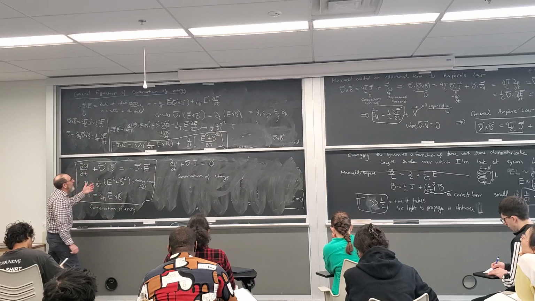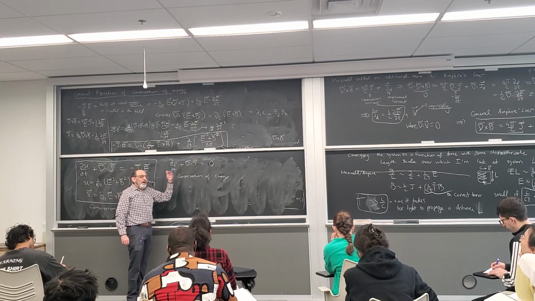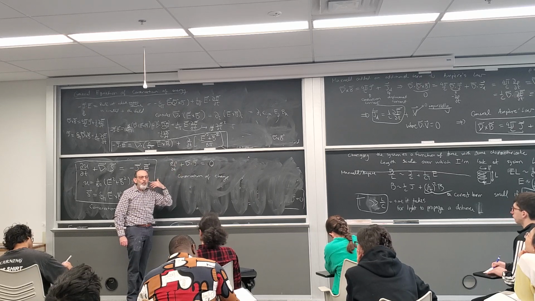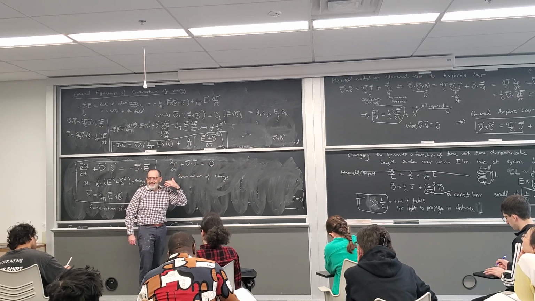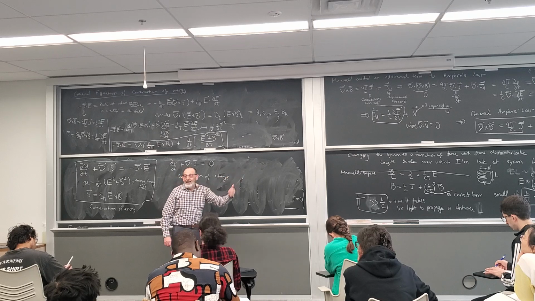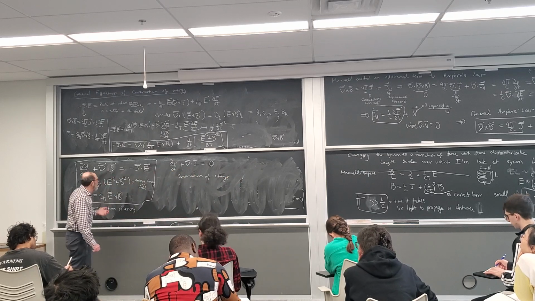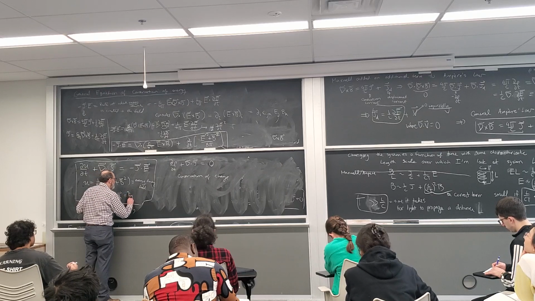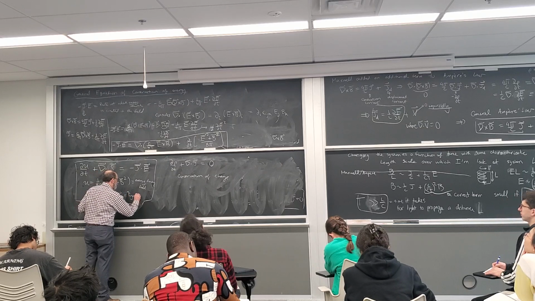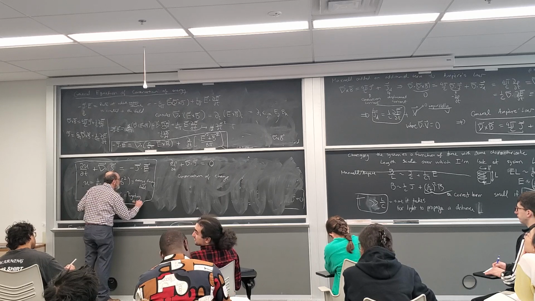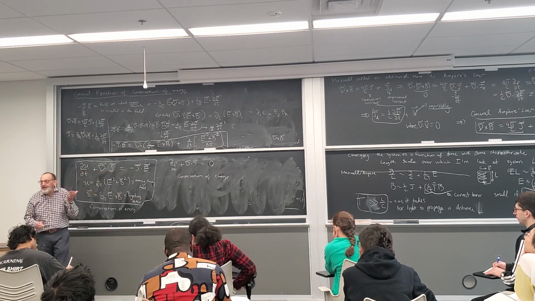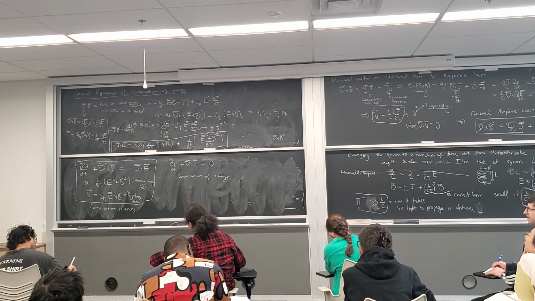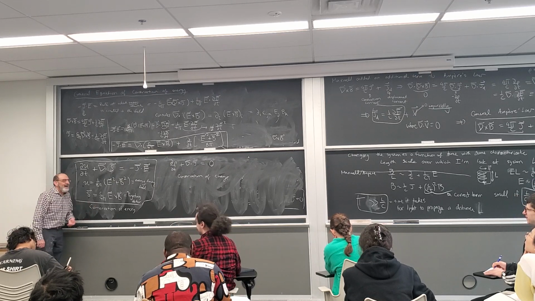In the same way that j was the current density, the rate at which charge density is flowing, S, which is known as Poynting's vector, points in the direction of propagation. It's named after a person, Poynting.